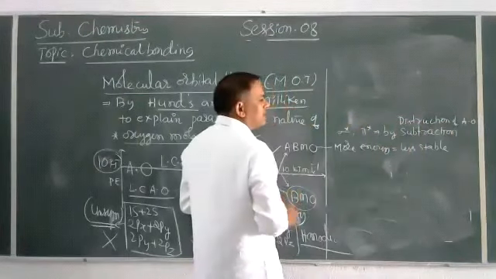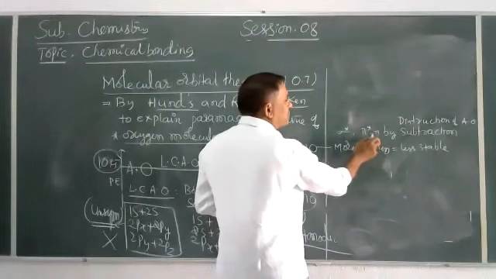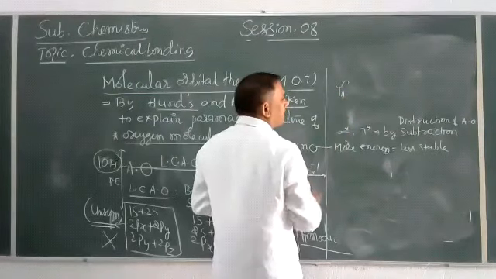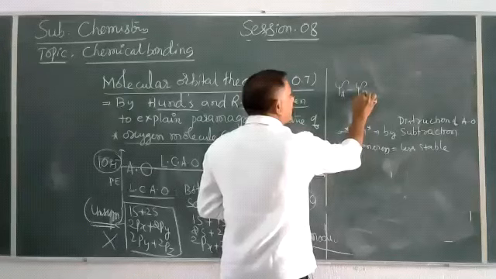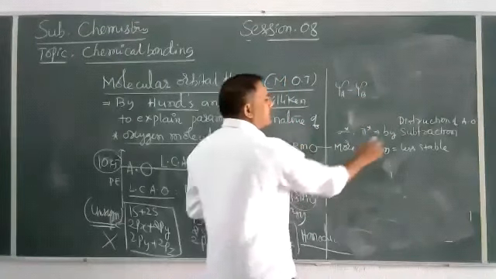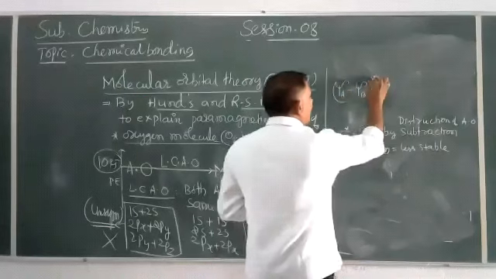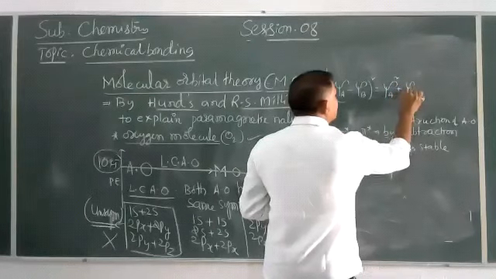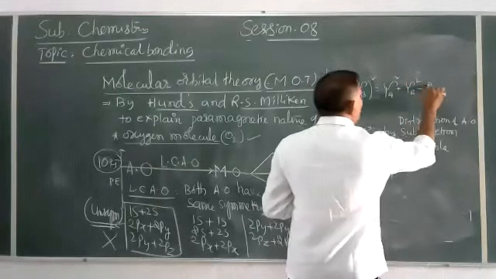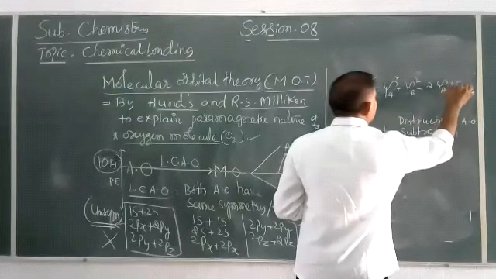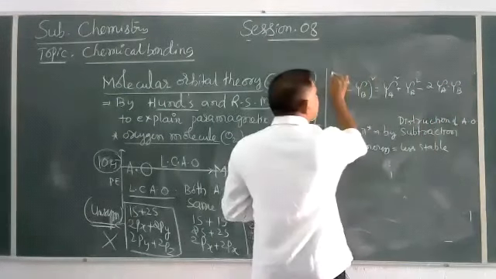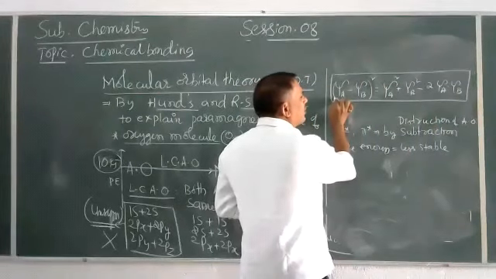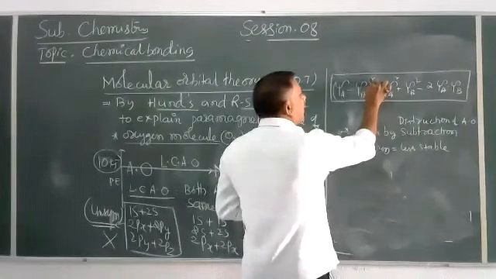Let us consider the wave function of atomic orbital A minus the wave function of atomic orbital B. Taking the square on both sides, we get psi A whole square plus psi B whole square minus 2 into psi A into psi B. This is the (A minus B) whole square formula, for anti-bonding molecular orbitals, denoted by a star.